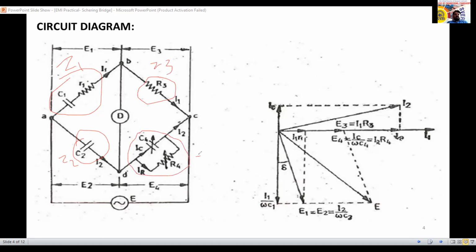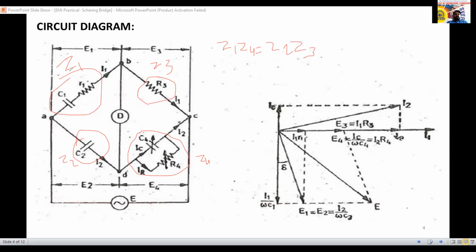Based on this, we know the formula that for the bridge balance condition, Z1 Z4 equals Z2 Z3.